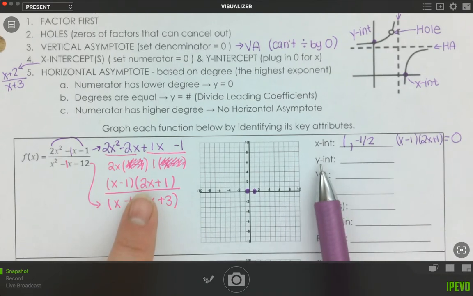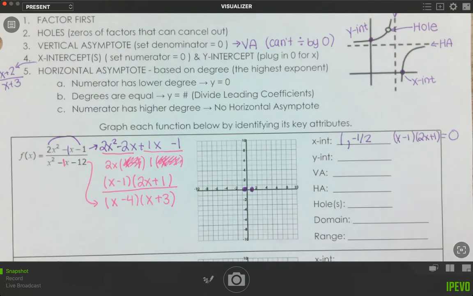The y-intercept is where you plug in 0 for x.